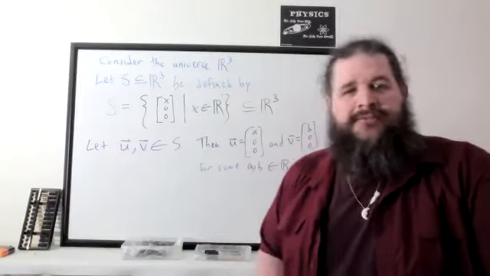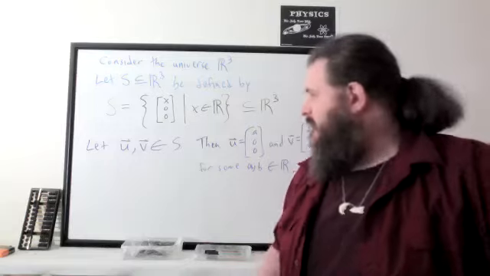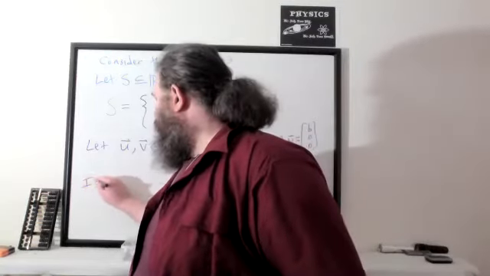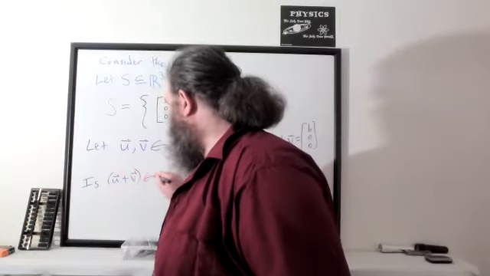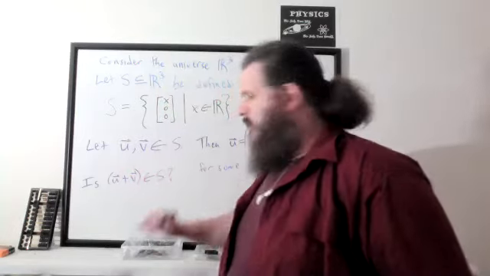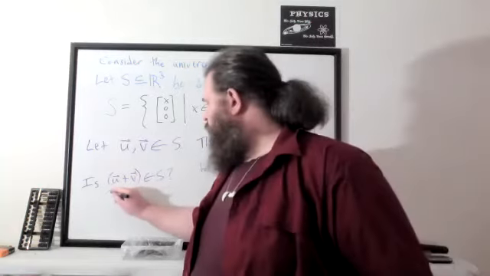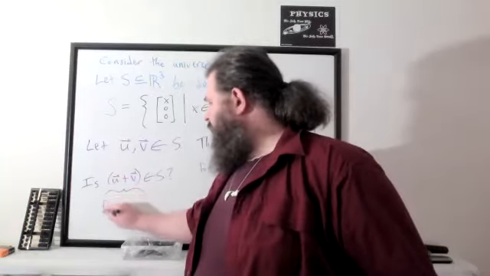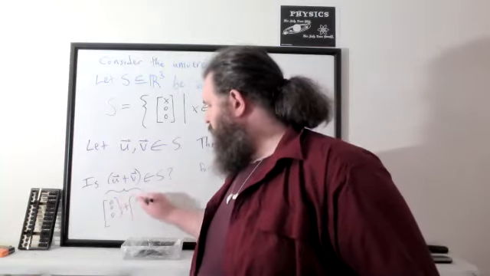We want to check if we add U and V together, is the result still a member of set S? We want to know, is U plus V also a member of set S? So let's check. Let's try adding those together. U plus V would be A, 0, 0 plus B, 0, 0.